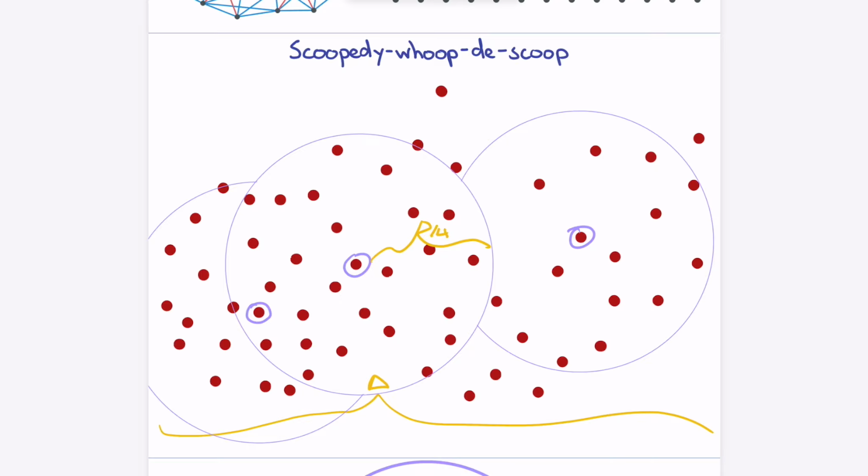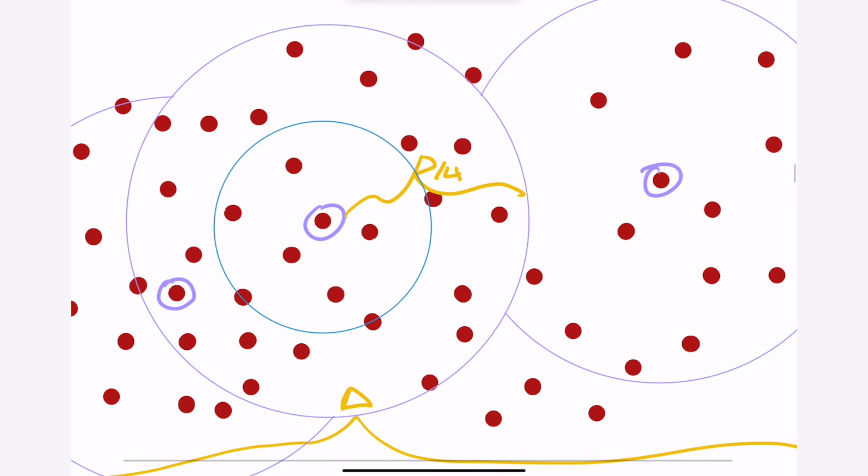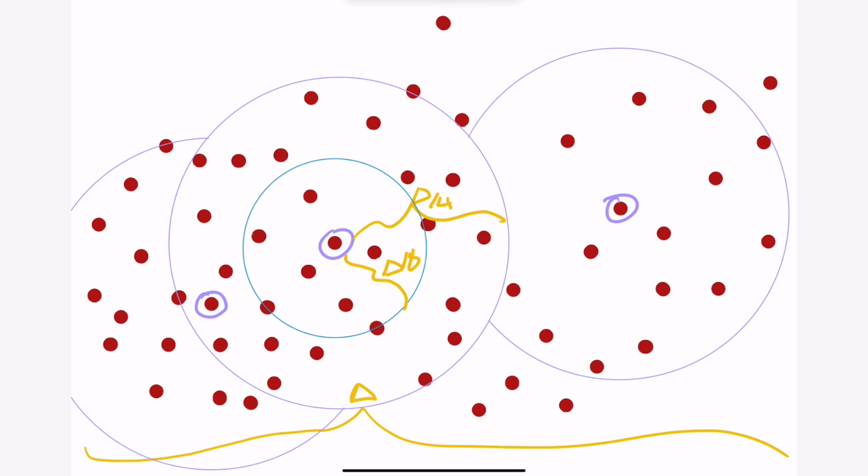So you have two different choices here. You can do them in random order. You can do the same random order. I guess I'll draw it in the same random order. So this would be something like radius delta over 8, just making up numbers. Okay.